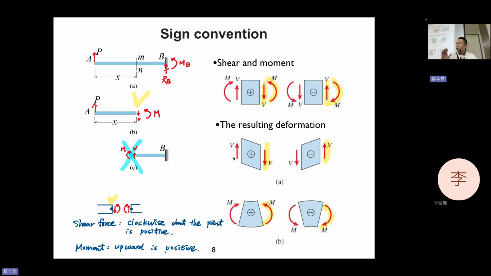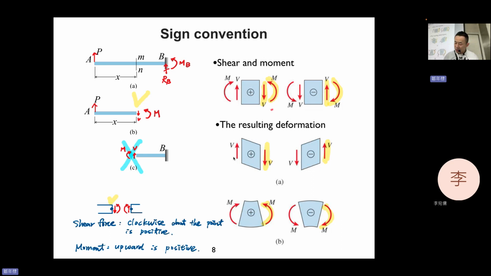But I want to emphasize that when you draw the value in the shear diagram, this V is downward positive. So these are two different things. Don't mix them up.